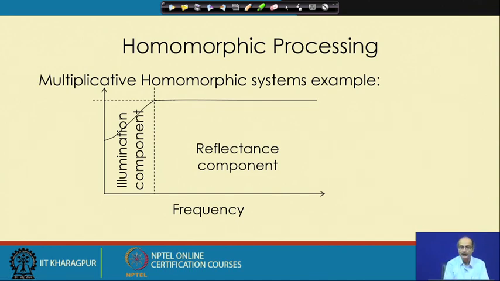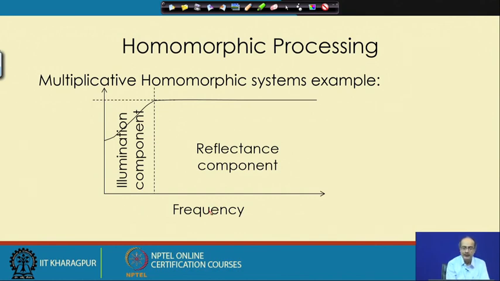The detailed component, due to the activity of the magnetic resonance, is the reflectance component, while the magnetic field intensity is the illumination component, which is very slowly varying.